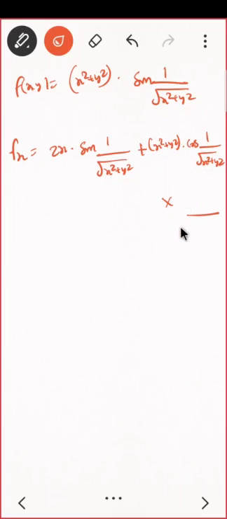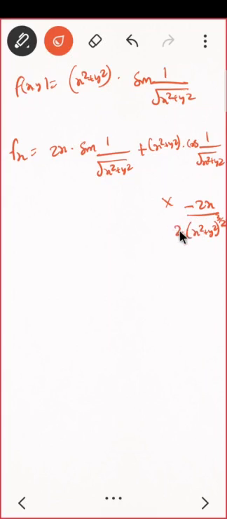So it will be 2 times x square plus y square raised to 3 by 2, and the derivative of the inside, that is 2x. Correct. And there will be a minus sign because minus 3 by 2 comes, and into x raised to n minus 1.